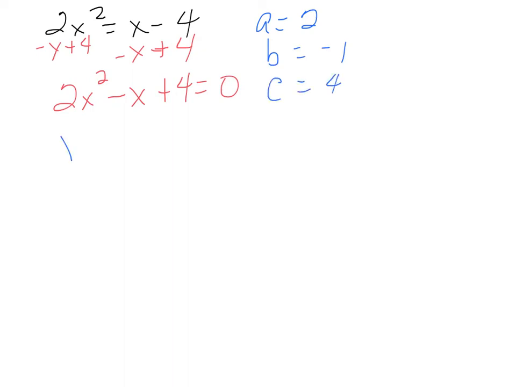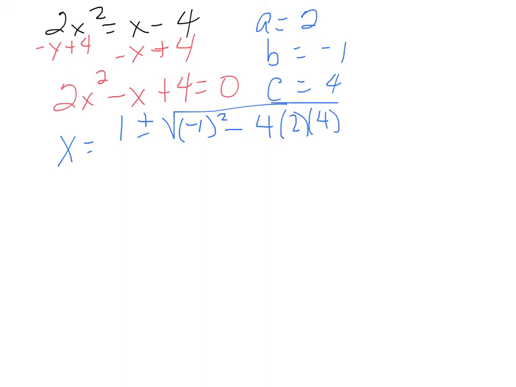And plug it in. Now I have the opposite of b, or the negative of negative 1. I'm okay with you just writing a 1 there, instead of doing negative of negative 1 like we did on the last problem. Plus or minus the square root of this negative 1 squared minus 4 times your a of 2 times c of 4, all over 2 times a, which is 2.